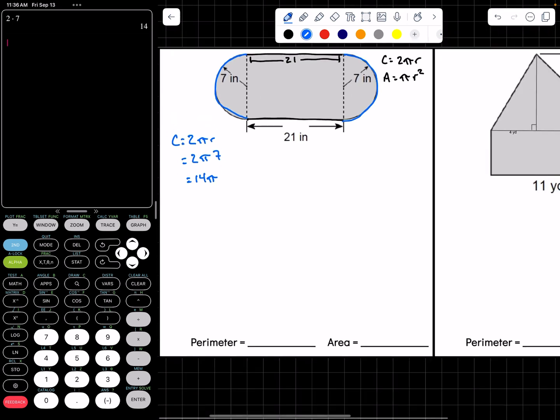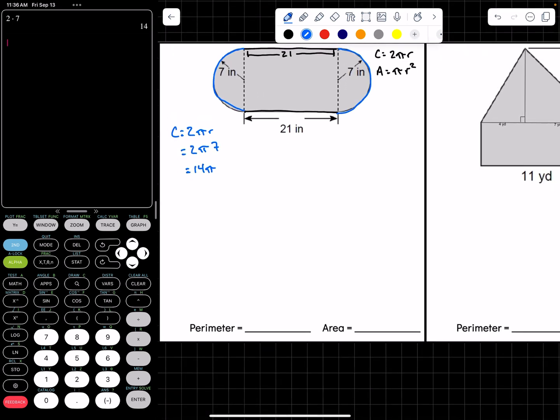So my perimeter is simply going to be 14 pi plus 21 for the top plus 21 for the bottom. So when I do that, 21 plus 21 plus 14, second arrow to give me that pi button, I get 85.982. And that is going to cover my perimeter around that figure.